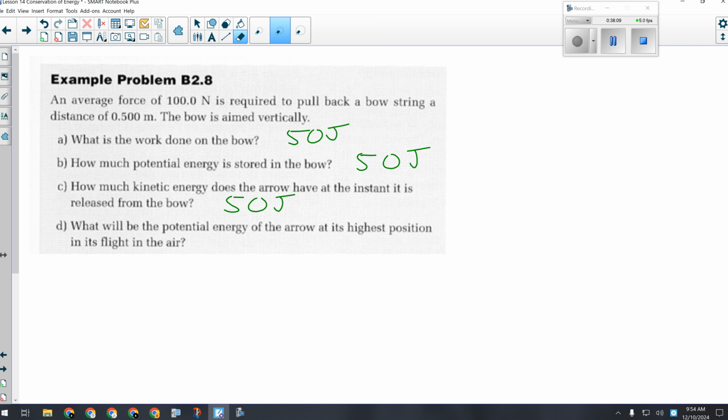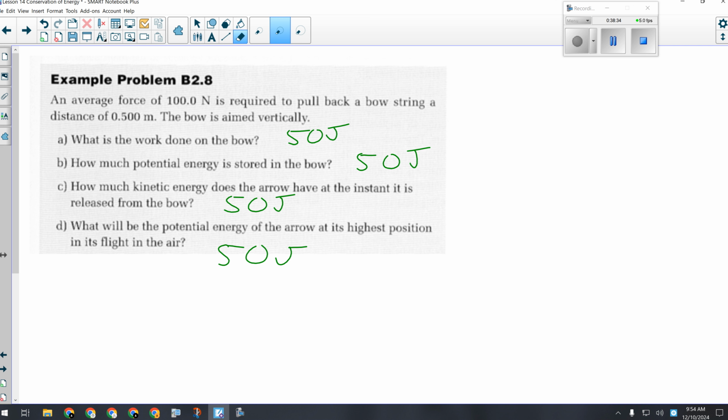Once you do work and you put energy into a system, that energy doesn't change unless that system does work on something else, which is kind of what happens here. I do work on the bow. As soon as I let the bow go, does it exert a force through a distance on the arrow? Right, and it transfers all 50 joules of energy that it had to the arrow as work, mechanical energy.